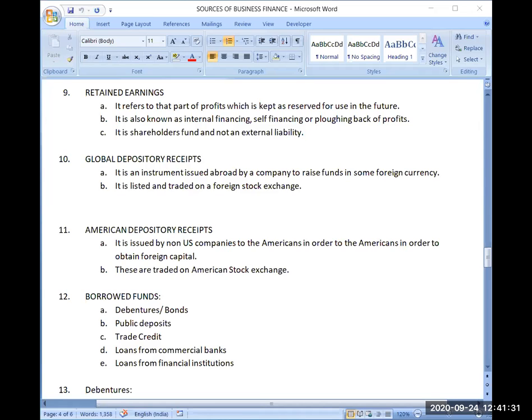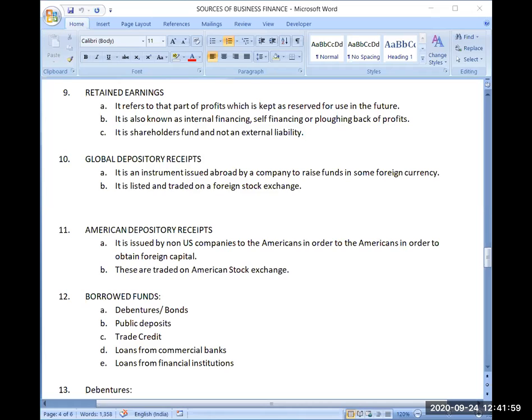like Bombay Stock Exchange, Mumbai. Company listed on that particular stock exchange. Listed means the particular share should be in the list of that stock exchange. Only then you can trade there in that stock exchange. So the second point is saying it is listed and traded on a foreign stock exchange. So it will be in the list of some foreign stock exchange where you can easily purchase and sell that receipt also.